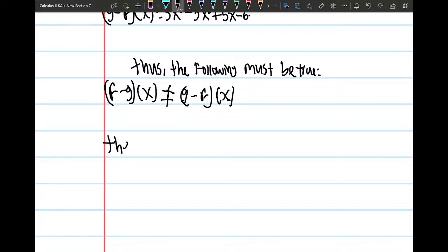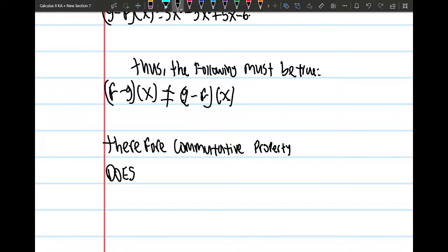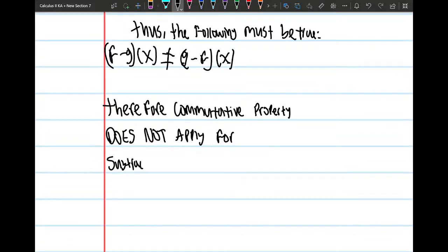So therefore, commutative property does not apply for subtraction of two functions.